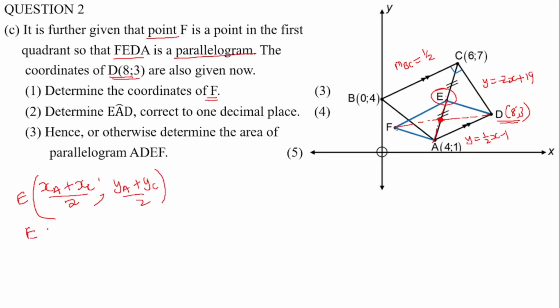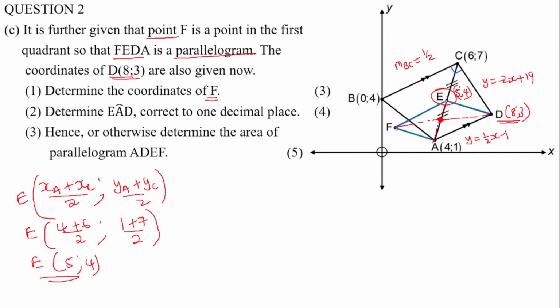So E is (4 plus 6) divided by 2, and (1 plus 7) divided by 2. We get that E is (5, 4). These are the coordinates of E.